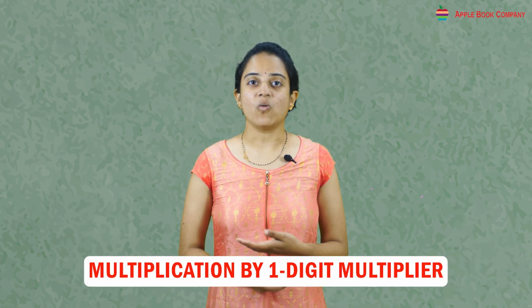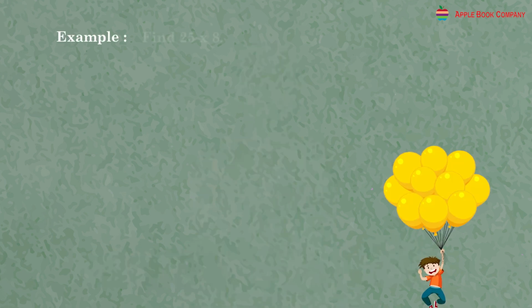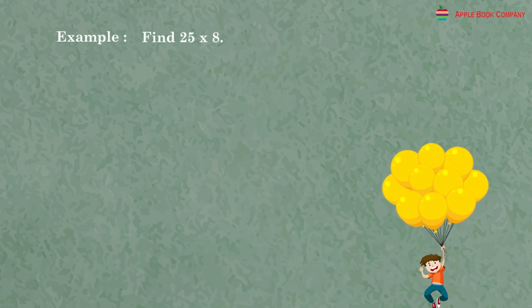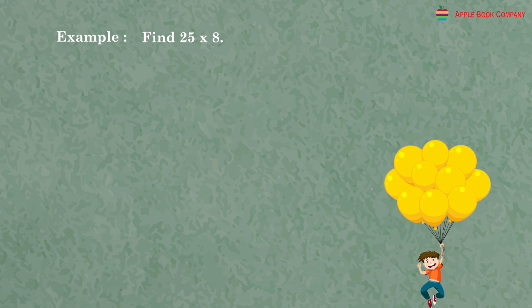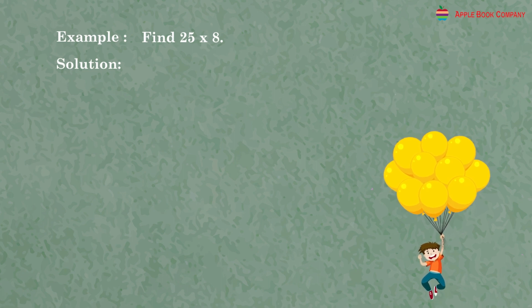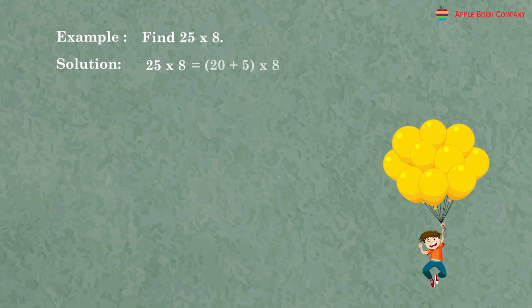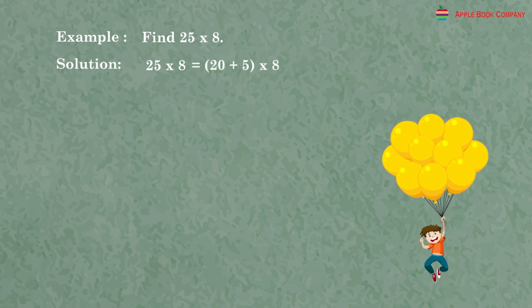Multiplication by one-digit multiplier. Example: find 25 multiplied by 8. Write 25 in the expanded form, tens and ones. 25 multiplied by 8 is equal to the sum of 20 plus 5 multiplied by 8.